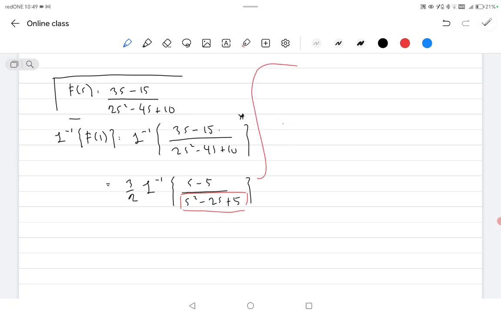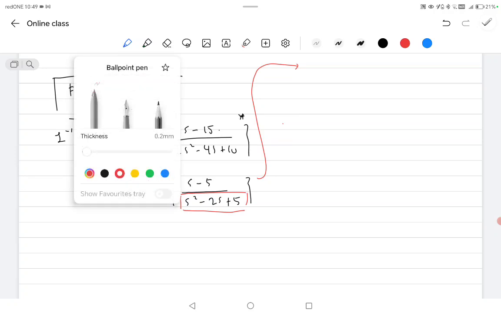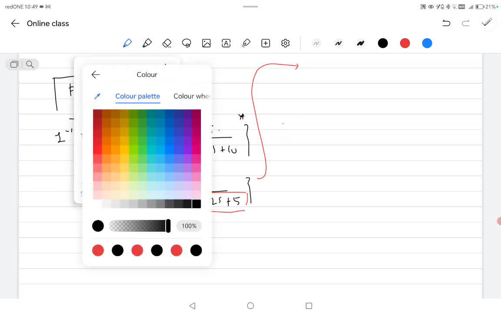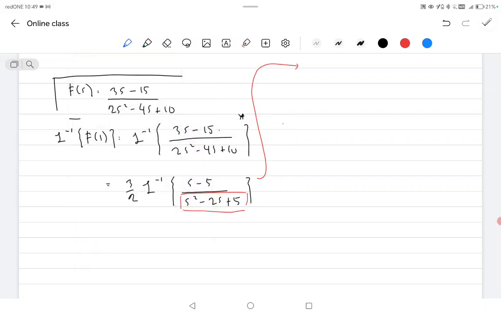Let's start here. We have s squared minus 2s plus 5. Looking at how we used the completing the square method before, we write down s squared minus 2s plus something, plus 5 minus back something.